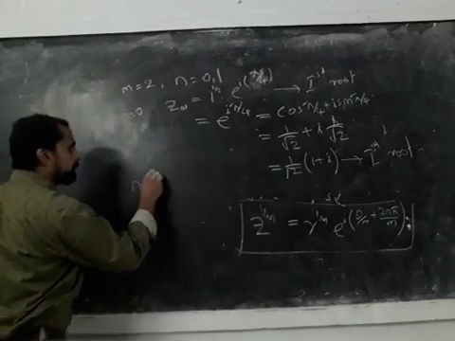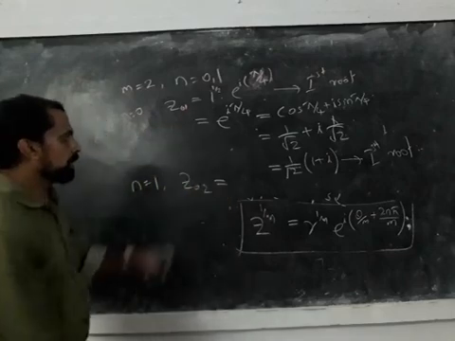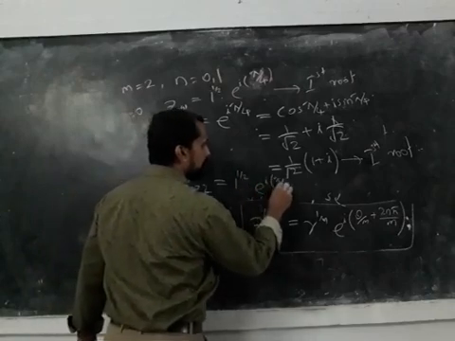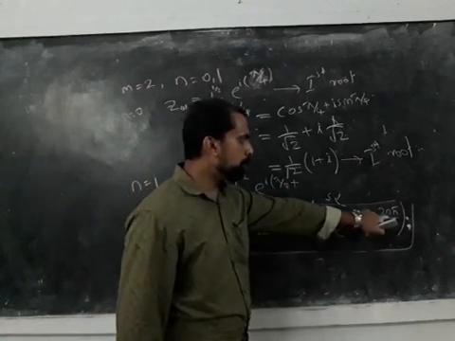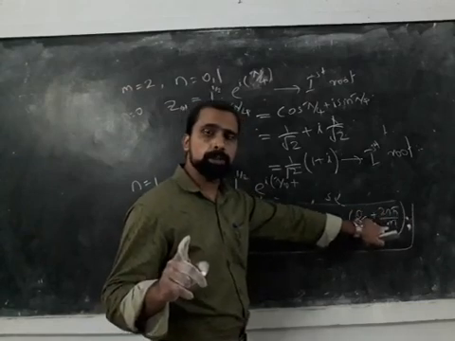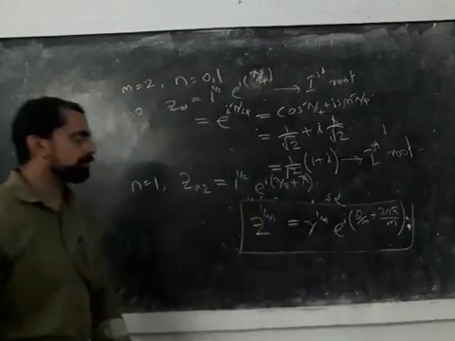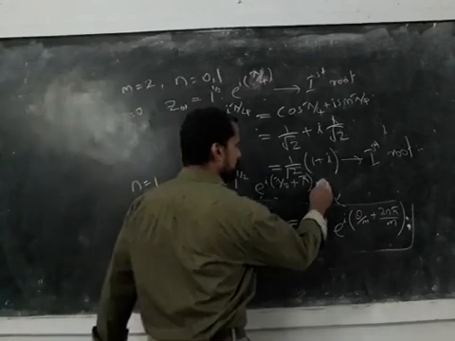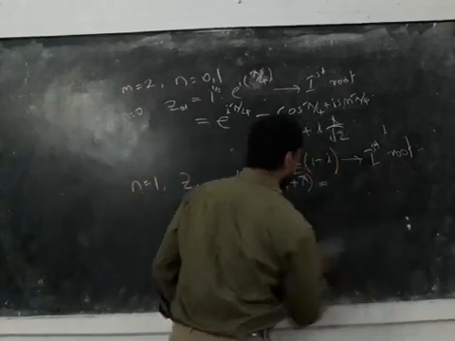For n is equal to 1, that is your second root. Here also 1 raised to half, then e raised to i pi by 4 plus 2 n pi divided by 2, with n equal to 1. So that is pi.